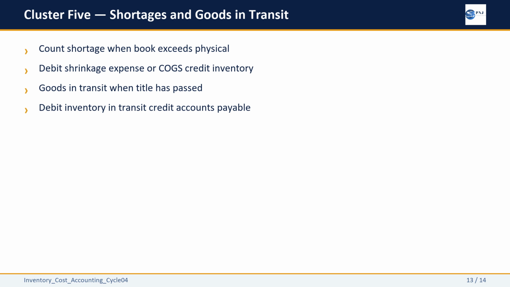Entry 16 recognizes goods in transit at period end, inventory where title has already passed to you even though you haven't received it yet. You debit inventory, goods in transit, and credit accounts payable. Without this entry, your inventory and payables would both be understated, simply because the truck hasn't arrived. Title, not location, decides ownership.